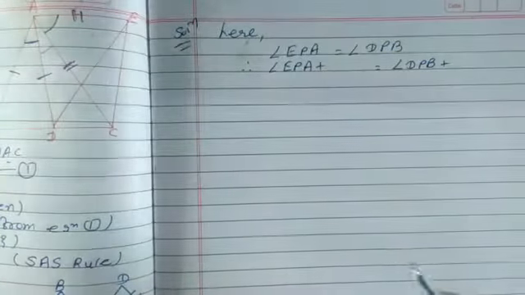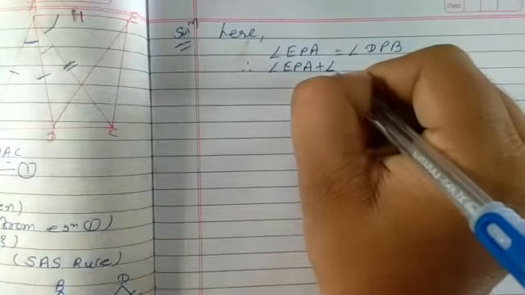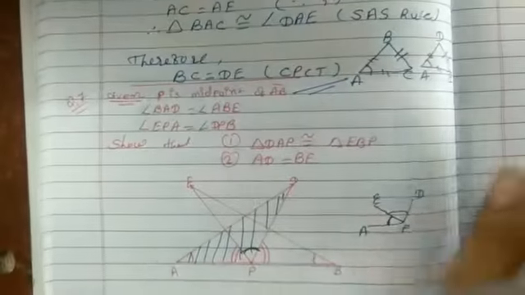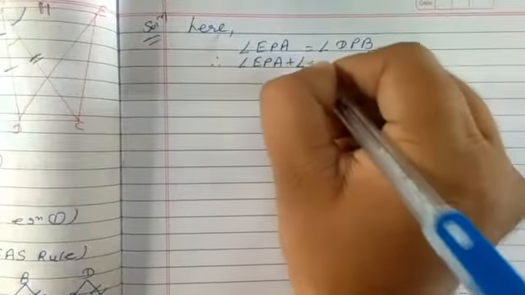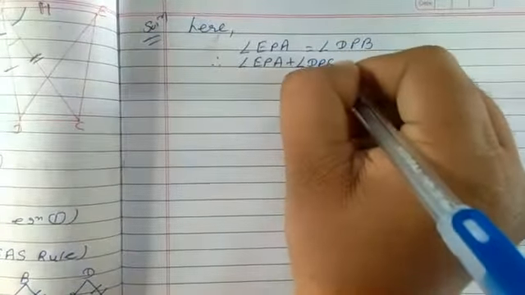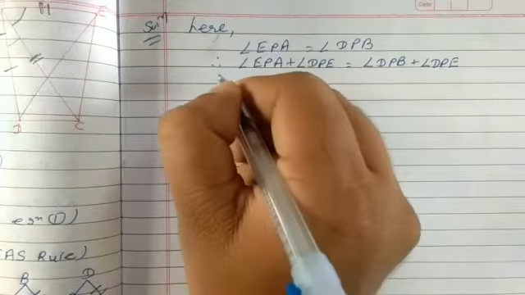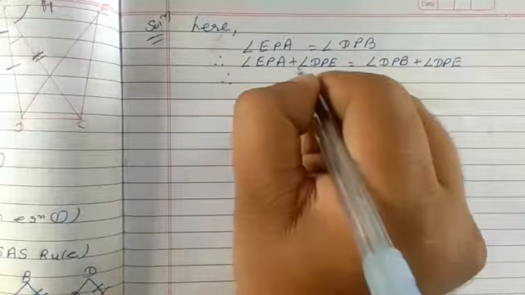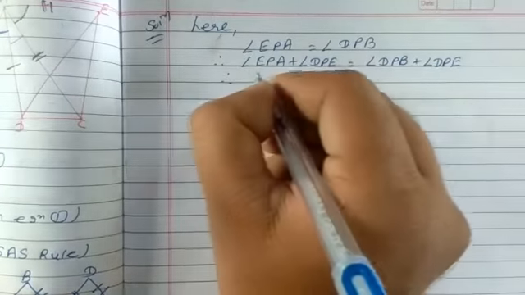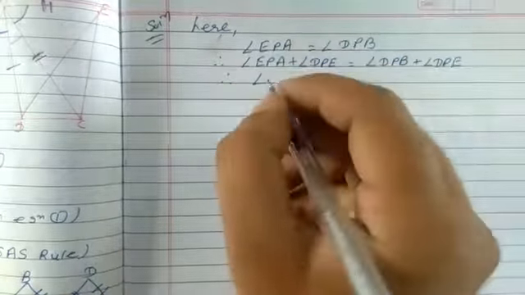Now we will add here angle of DPE. Am I right? DPE plus angle of DPE. Okay, that's why now we find out EPA plus DPE is equal to our angle of which angle?